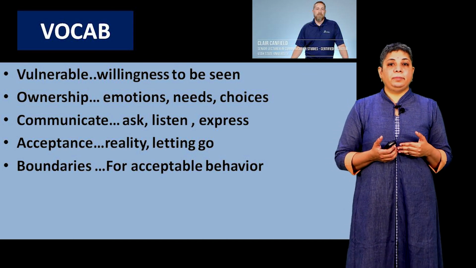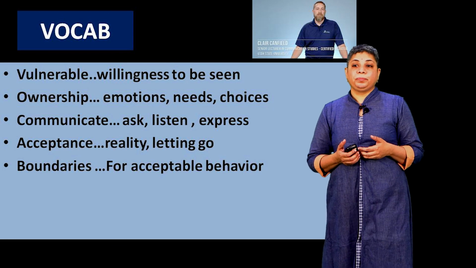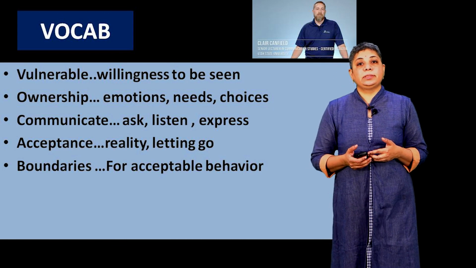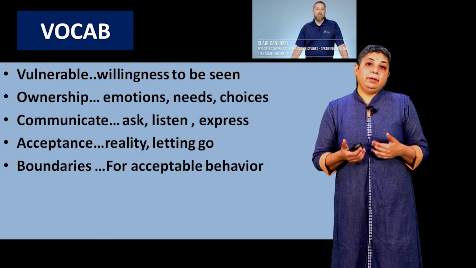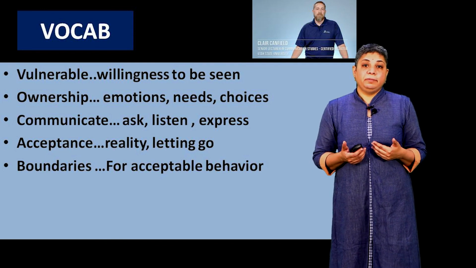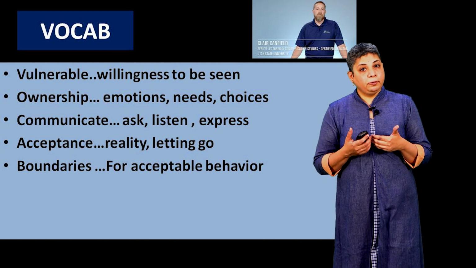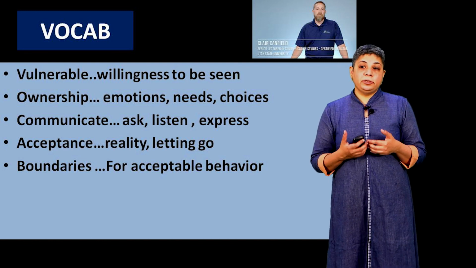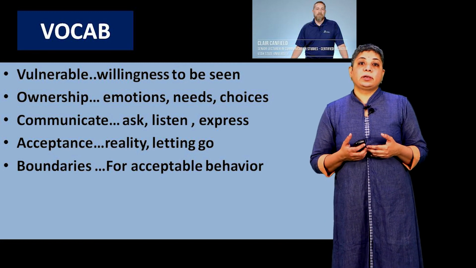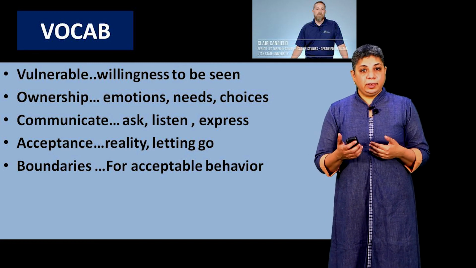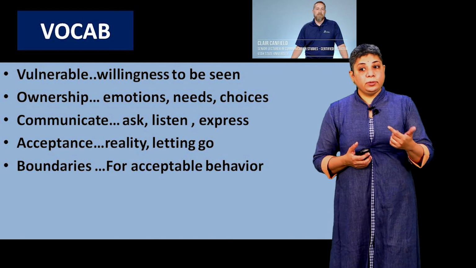One is the VOCAB approach, where V is to start by feeling vulnerable, that is to be willing to be seen the way that you are. That would be the beginning. Then to take ownership of your own emotions, needs and choices. To communicate, again two-way, to ask, listen and to express.